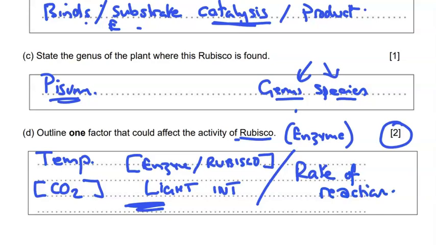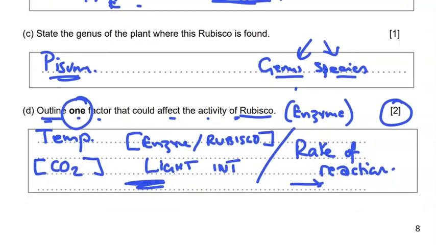It says outline, give a brief account of one factor that could affect the activity of Rubisco. So choose one of these and then say that it affects the rate of reaction. No need for detail because it is an outline. So that's 1 mark. And that brings us to the end of this particular question.